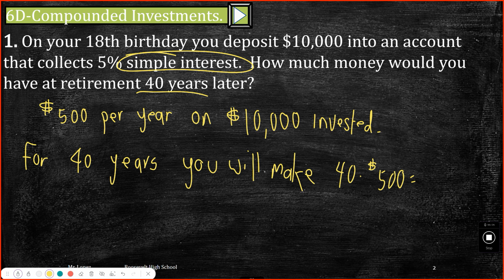So what's 40 times 500? 20,000. So you will make 20,000 on that investment.